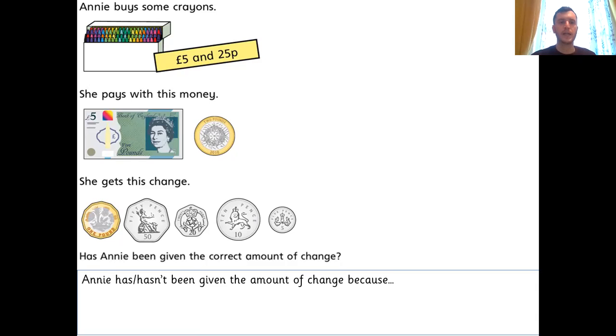Again, if I were you, I'd be using my number line strategy. I'd start at £5.25, add on 75 pence to get to £6, add on another pound to get to £7. So that was £1 and 75 pence, which is what she should have been given. But she's been given £1 and 85 pence.